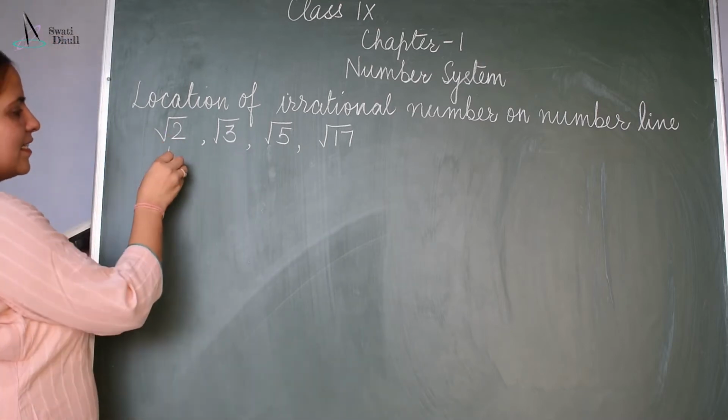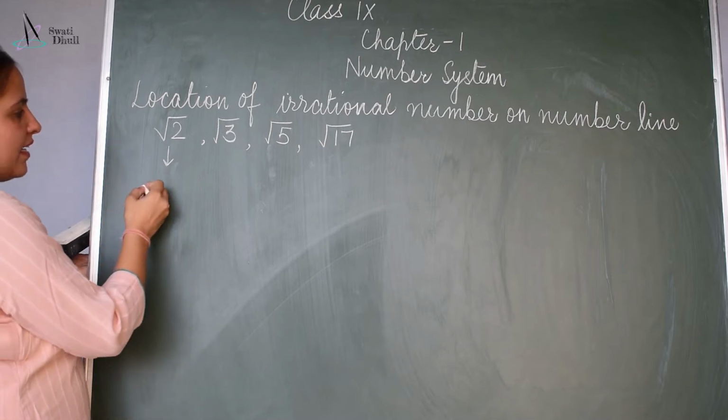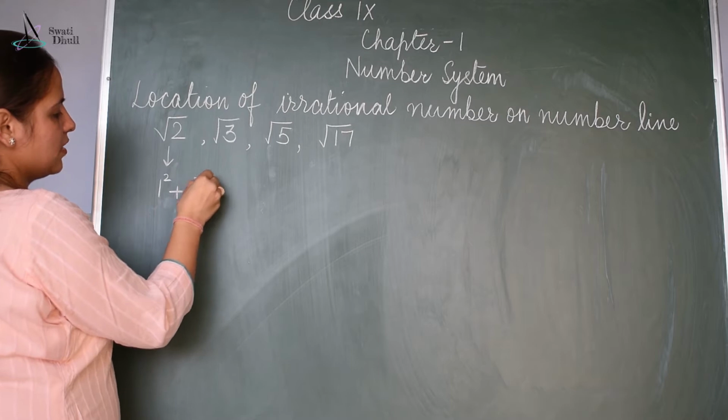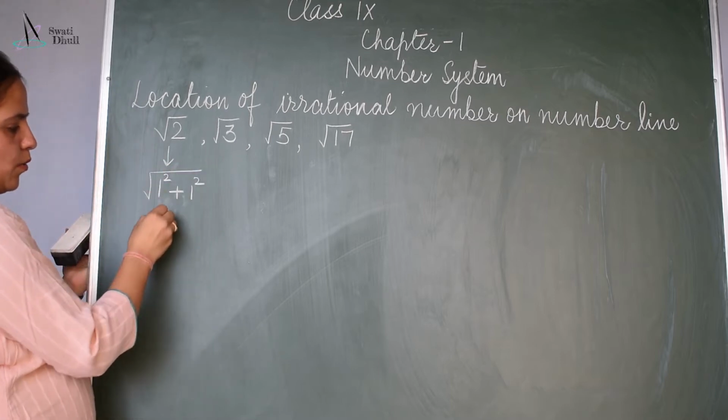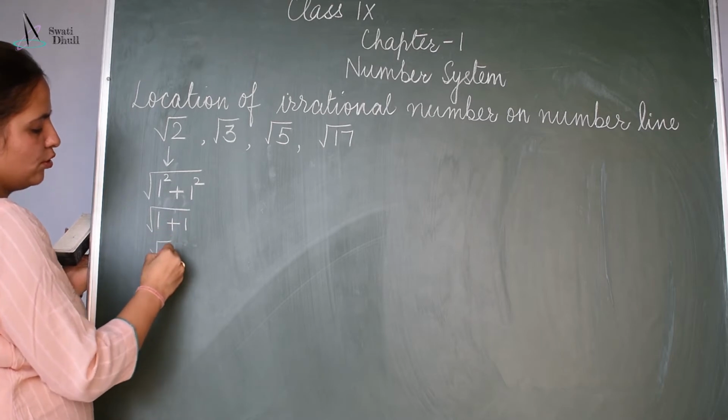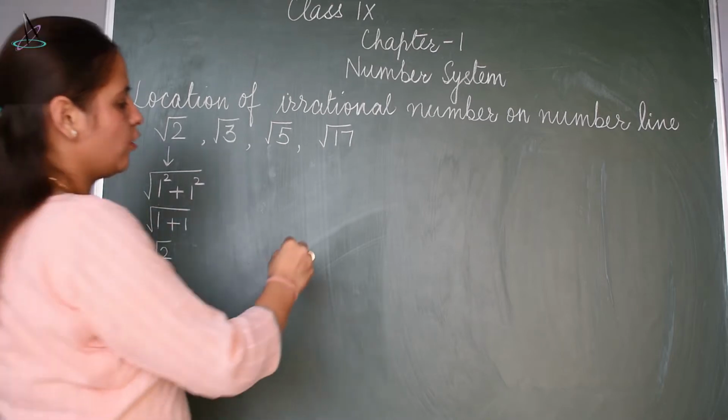So first let's take root 2. I can write root 2 as under root 1 square plus 1 square, because 1 square is 1 and 1 square is 1, so I will get root 2. Now how to locate it on a number line?